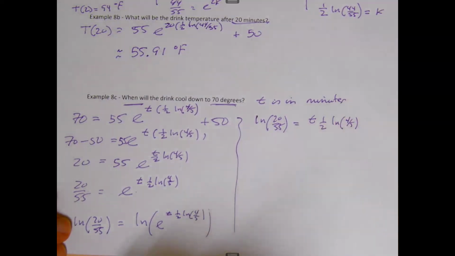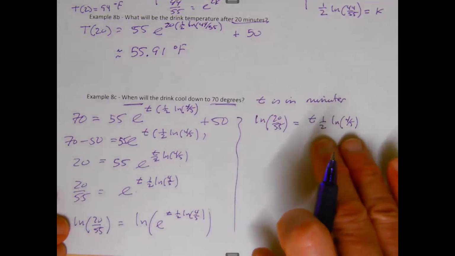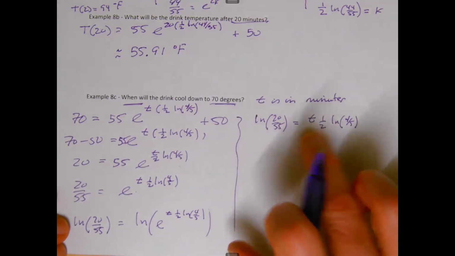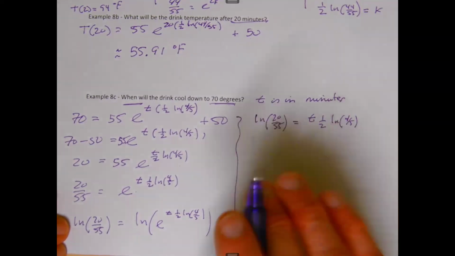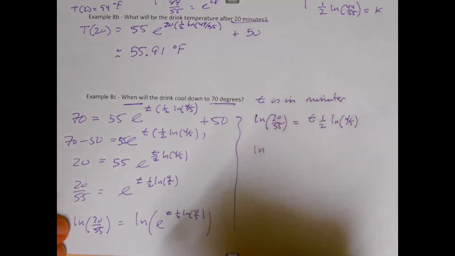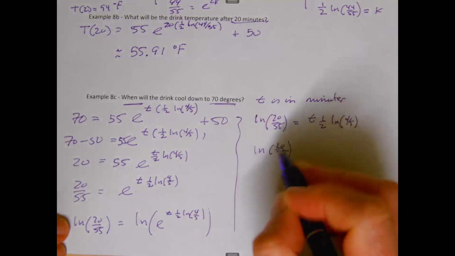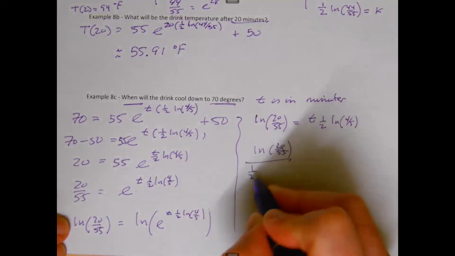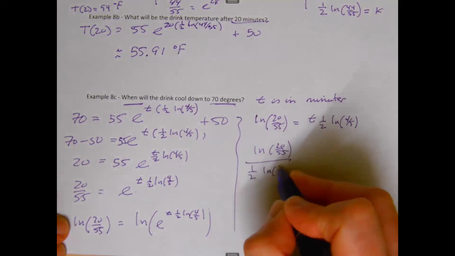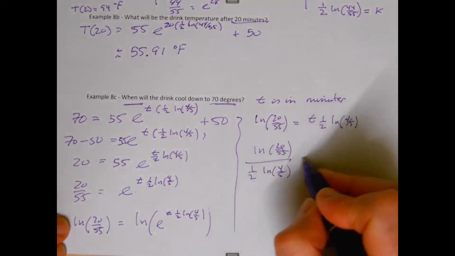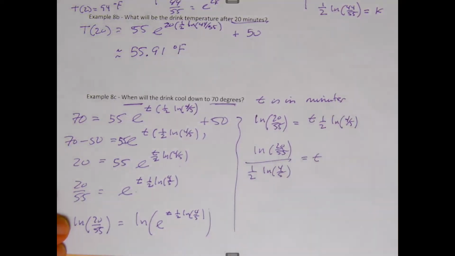Okay, I have this, and now this is a linear equation. This is a constant, that's a constant, that's the only variable. Divide by that whole constant, which is half of natural log of 4/5. And there you go.